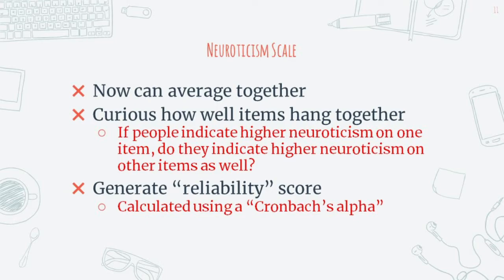Now, we might also be curious whether someone who scores as higher neuroticism on one item also scores higher neuroticism on others. So are increased scores on one associated with increased scores on the other? Now, we're going to do this through what's called a reliability analysis to generate what's known as a Cronbach's alpha.